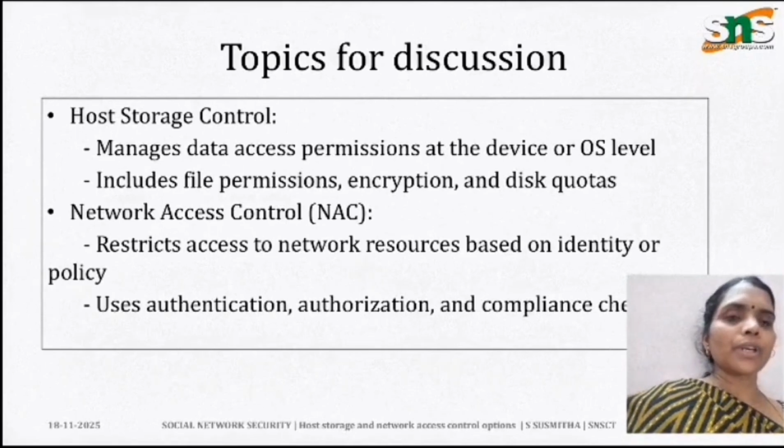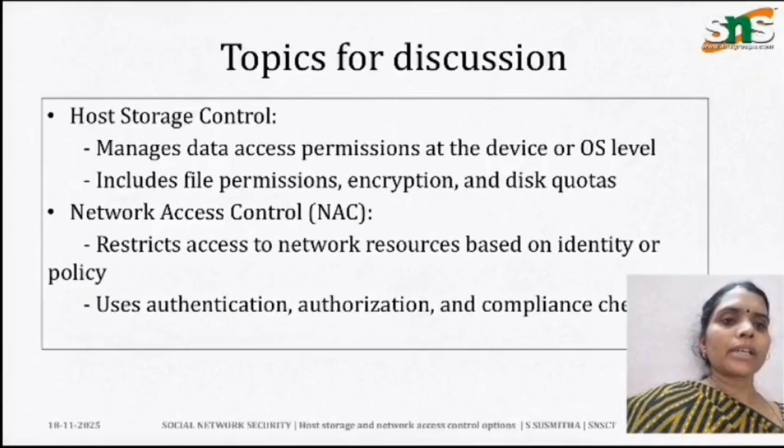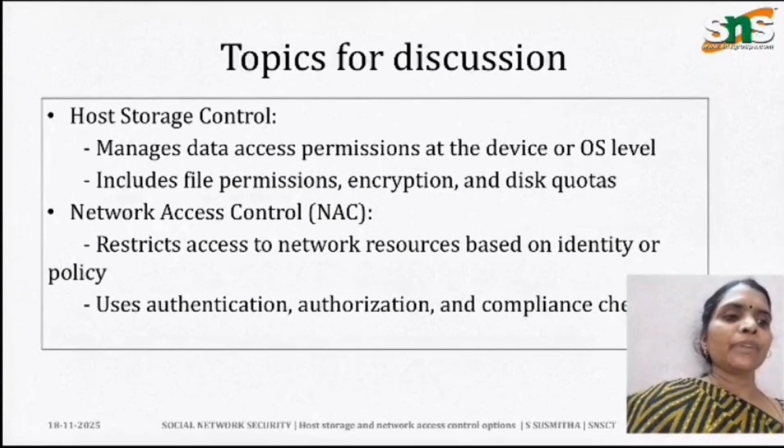SAN, that is storage area network, is a high speed storage network used in data centers to support large enterprise applications. Then cloud storage is internet based storage, scalable, pay as you use. Examples are Google Drive, OneDrive and AWS S3.